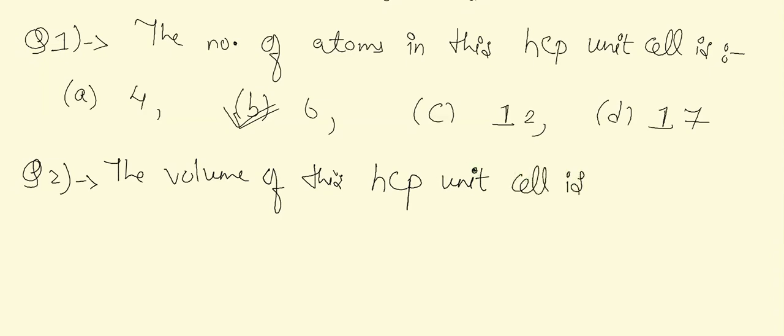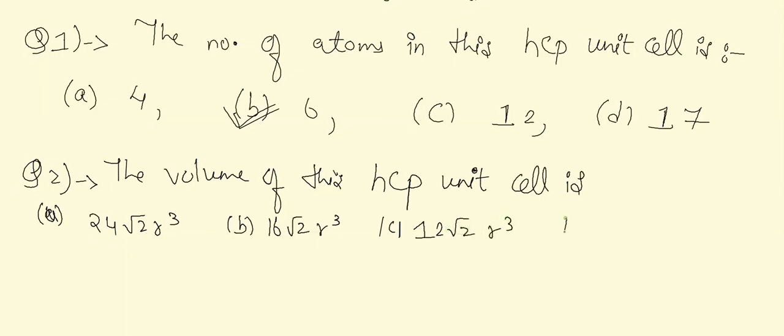The options are: A, 24 under root 2 r cube; B, 16 under root 2 r cube; C, 12 under root 2 r cube; and D, 64 by 3 root 3 r cube.